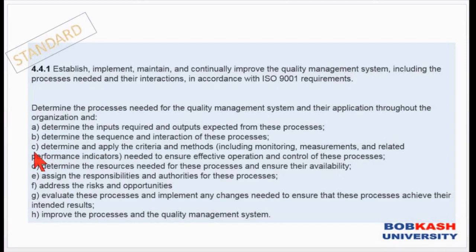And then point number C, what you have to do for designing a process, you have to determine and apply the criteria and methods.